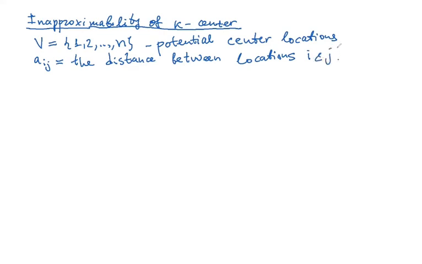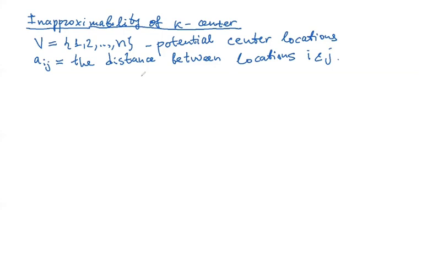So imagine the situation that these different potential locations are, say, different villages, right? And then you want to build k hospitals that are going to serve these n different locations. So you want to decide in which villages you're going to build the hospitals.